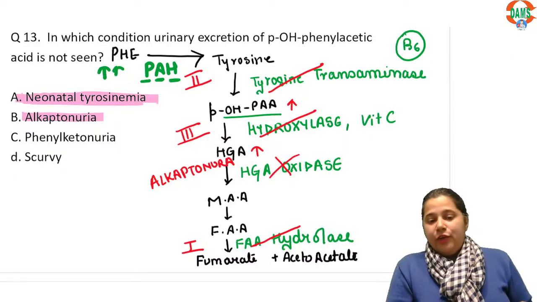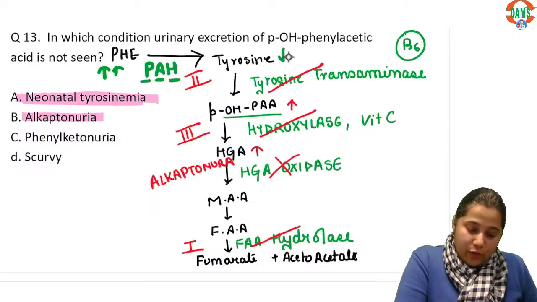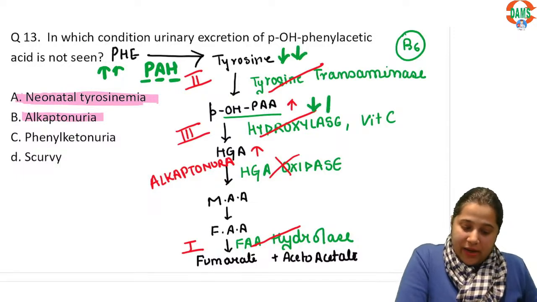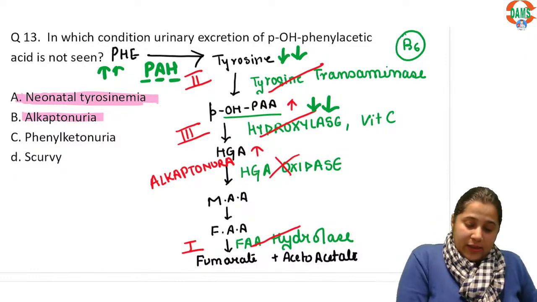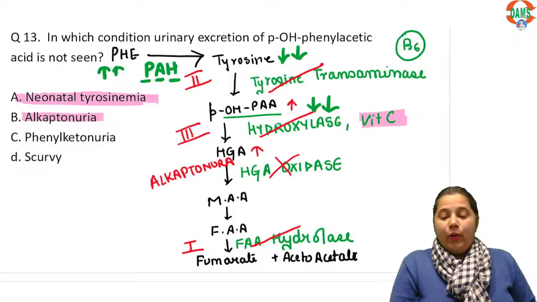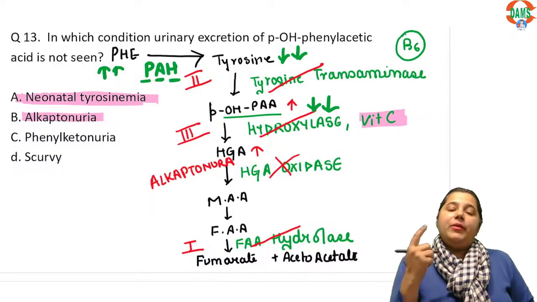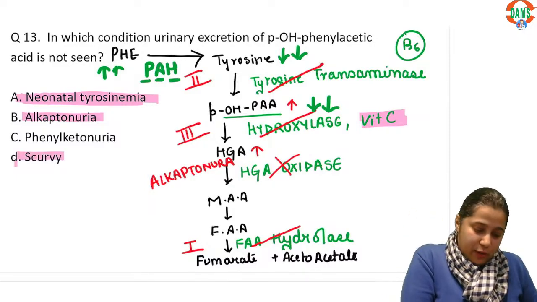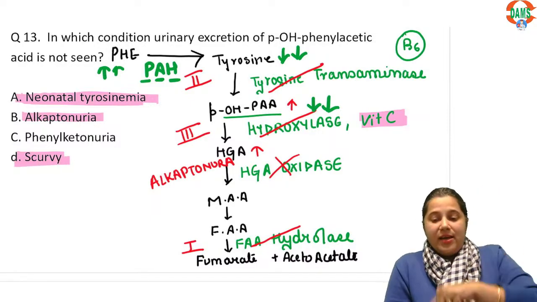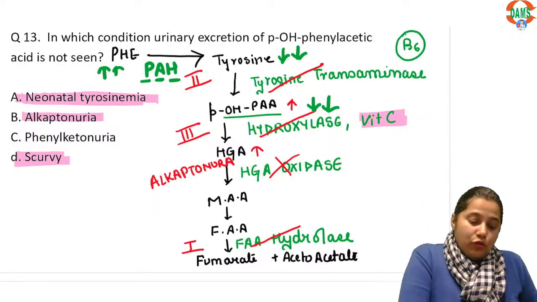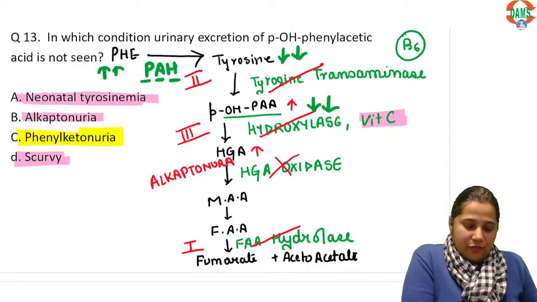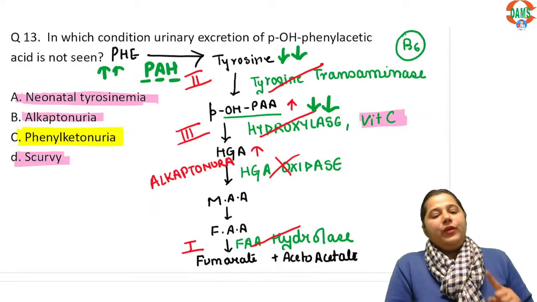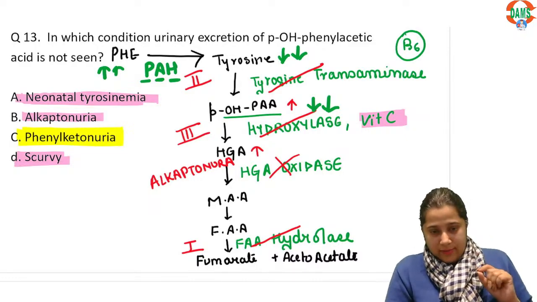So, phenylketonuria will result in high phenylalanine, low tyrosine, and hence low para-hydroxyphenylpyruvate. Now, on the other hand, if somebody is not having vitamin C, still there will be high para-hydroxyphenylpyruvic acid. Why? Because this enzyme requires vitamin C. So, all these are causes of high para-hydroxyphenylpyruvate except phenylketonuria, which is your answer.